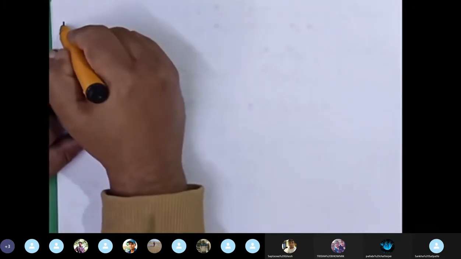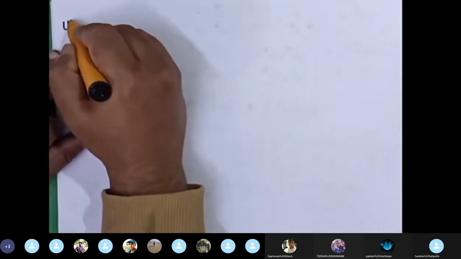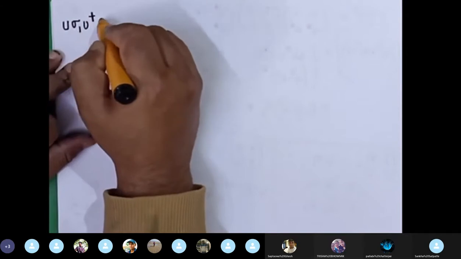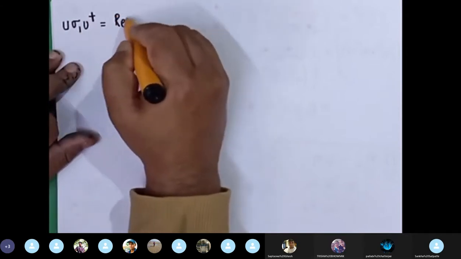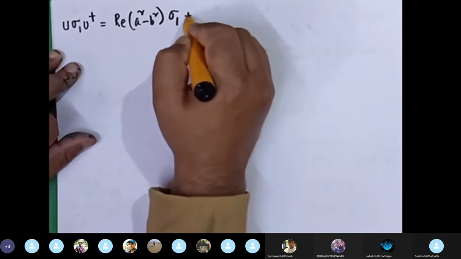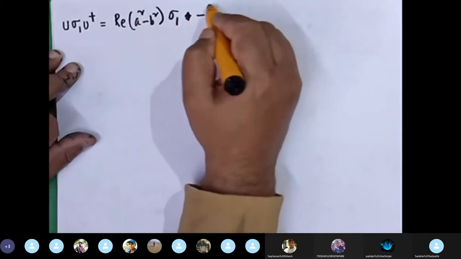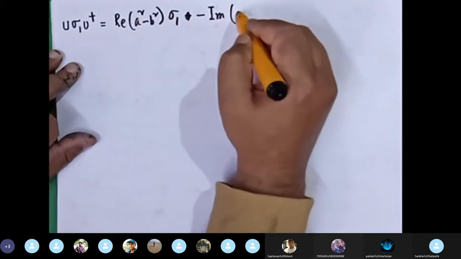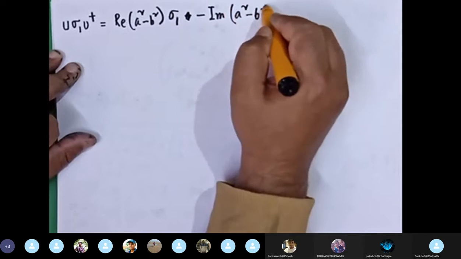So these things are real A square minus B square sigma 1 plus minus imaginary A square minus B square.